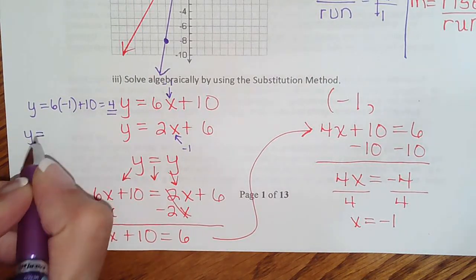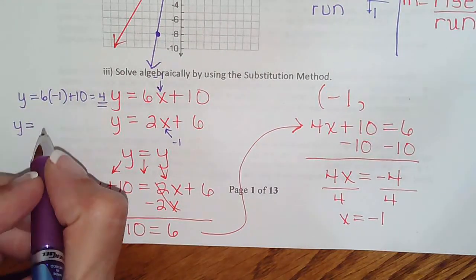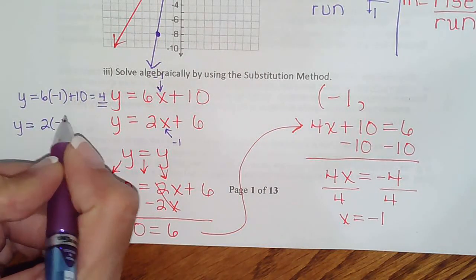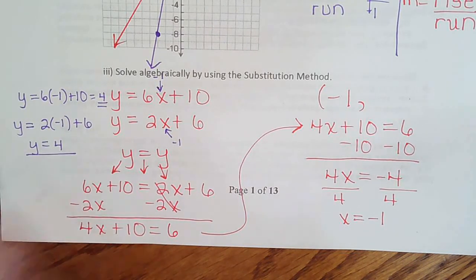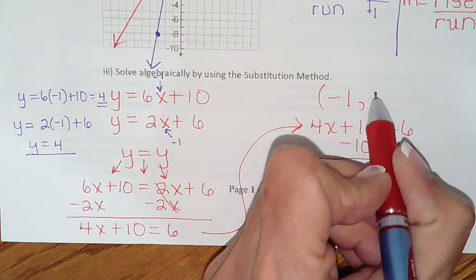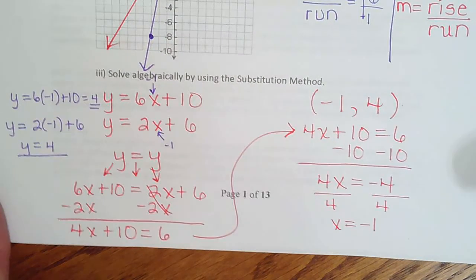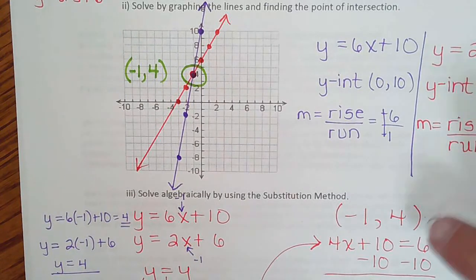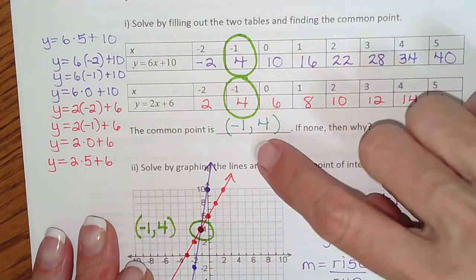Y equals 2 times negative 1 plus 6. 6 minus 2, y equals 4. We got the same answer twice. So that means, yay, we did it right. So now we go over and we put our 4 in, and we say the point of intersection is negative 1, 4. Wow, not surprising because it's there and it's here.